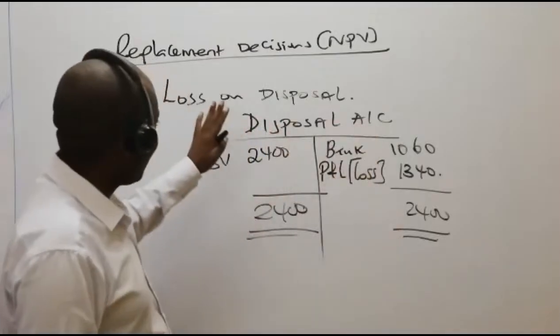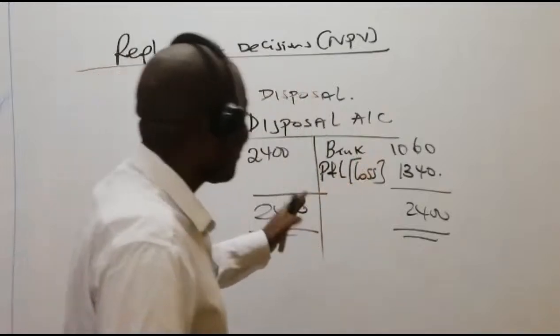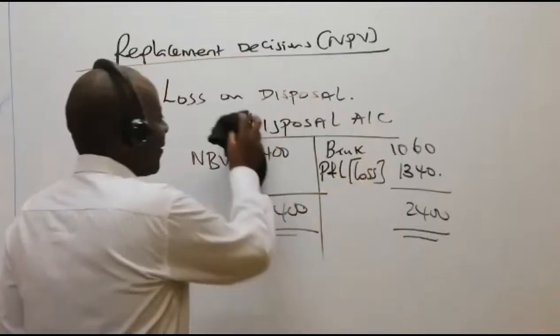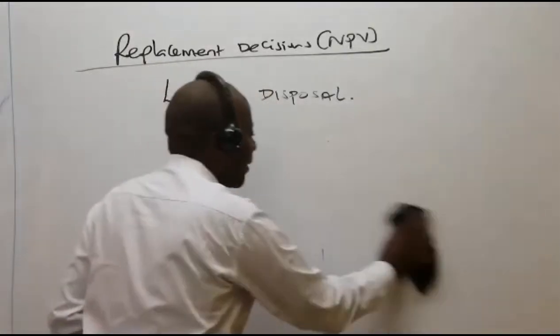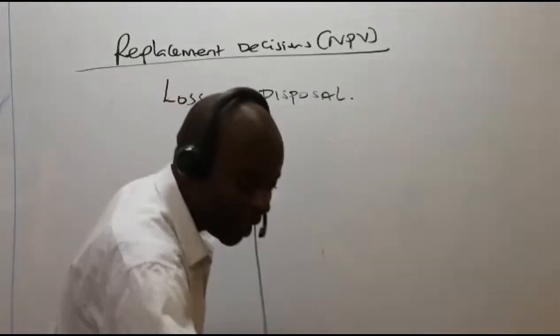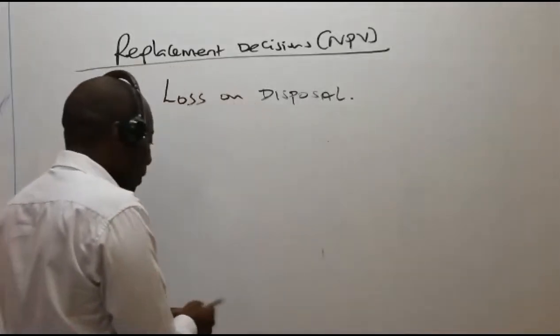Of course, I don't expect you to do this in financial management. In financial management, if you do it this way, I'll not be very happy with you. What we normally do is to compare two things.